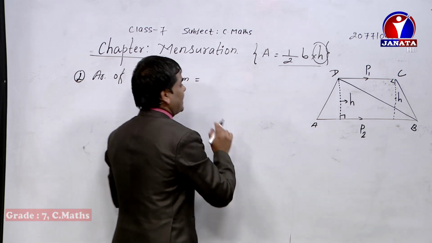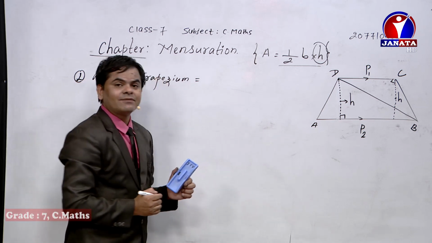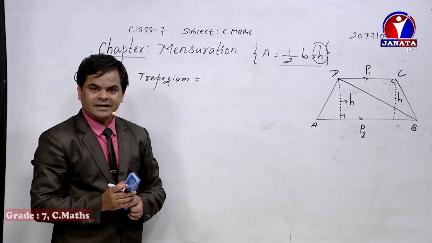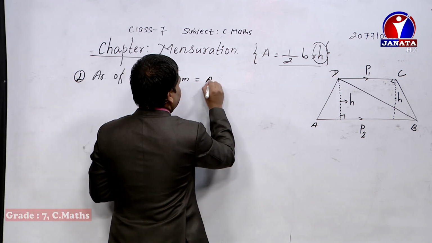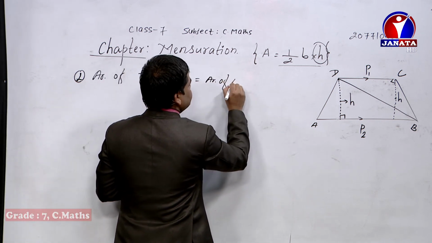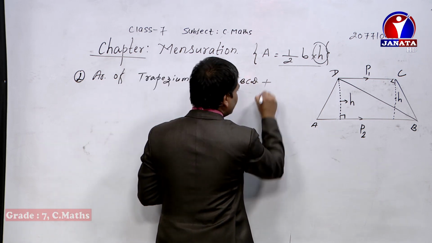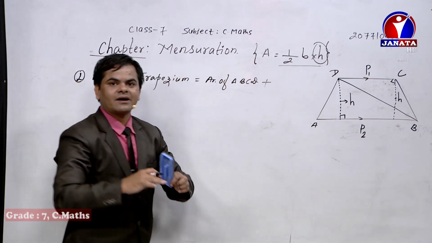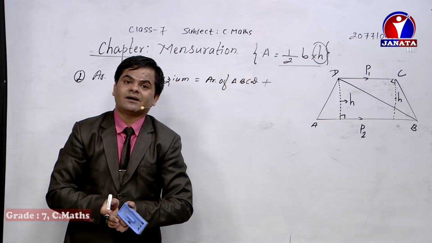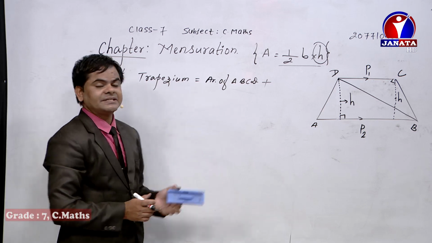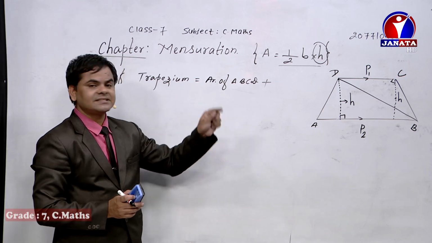So let's find separately the area of triangle BCD as well as triangle ABD. Area of triangle BCD, plus, why plus? Because we are combining together the areas of those two triangles in order to find the area of the whole trapezium ABCD.